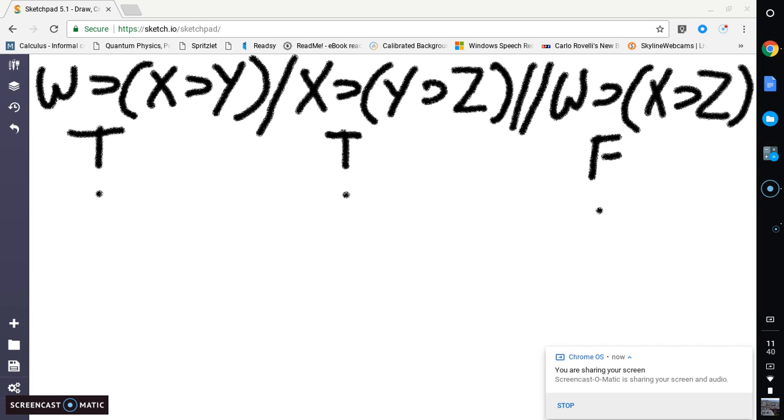Now, in order for a conditional to be false, it's necessary that it should have a true antecedent and a false consequent. So in order for if w, then if x, then z to be false, it is necessary for the antecedent to be true and for the consequent, if x, then z, to be false.